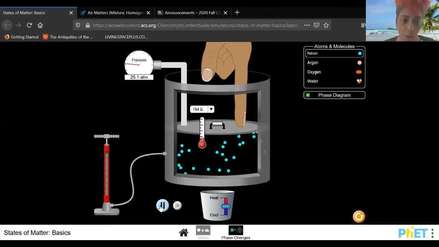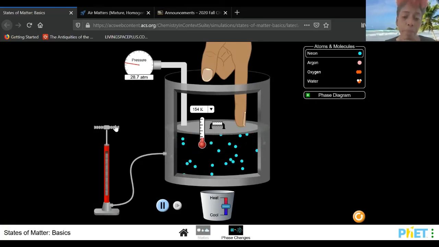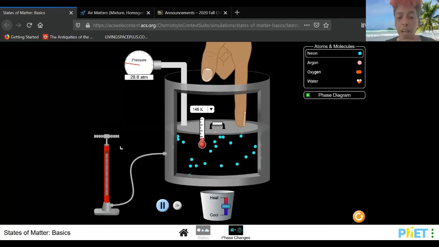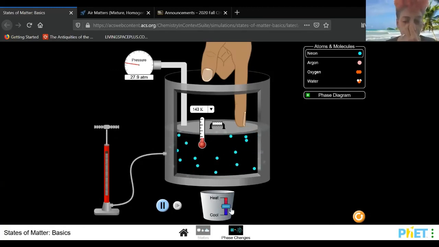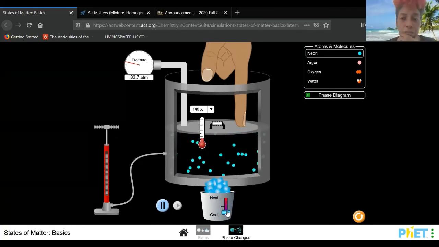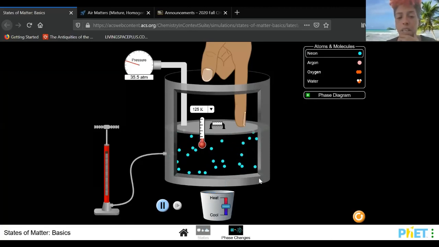All right. So not only does temperature affect whether a substance is a solid, liquid, or a gas, but also pressure, right? So if we compress things to a certain degree, then we would end up with a liquid.